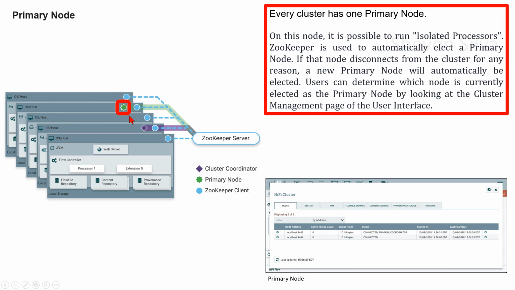Users can determine which node is currently elected as the primary node by looking at the cluster management page of the user interface. Here you can see the primary node.